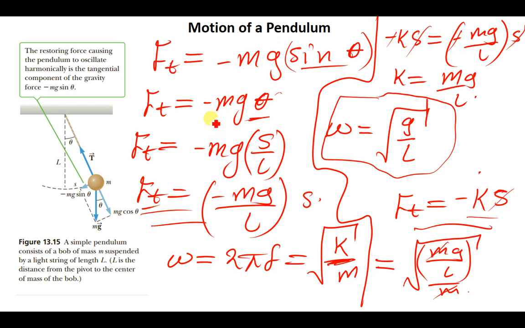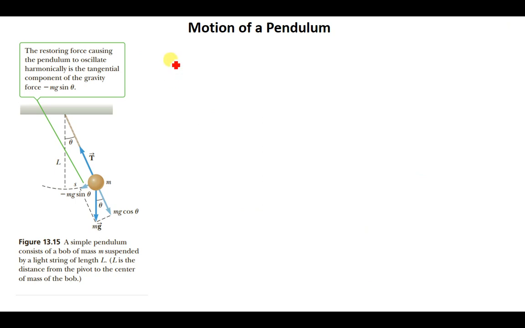Let me just erase everything. We know that frequency is equal to 1 over period, meaning the period can also be written as 1 over the frequency. But remember, the frequency here can also be found.